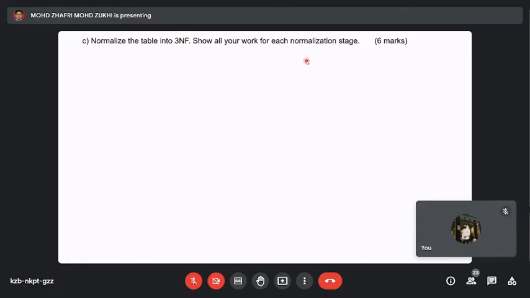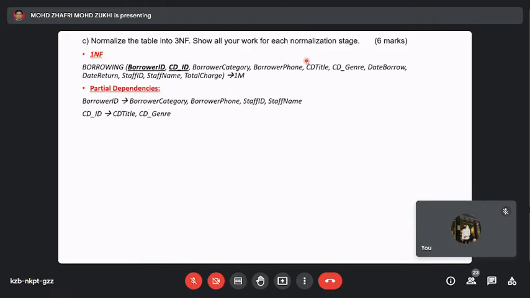Now we take a look at the first normalization. This is the first normalization form. For the first normalization form, what you need to do is write the bridge entity first. From the table you write the bridge entity.